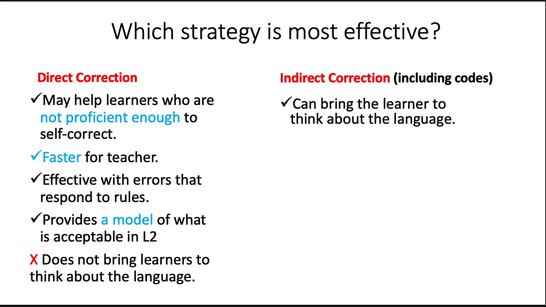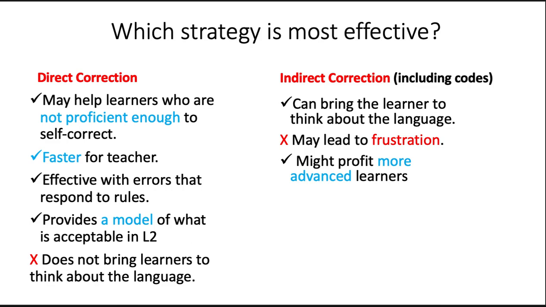Indirect correction does bring the learner to think about the language, or at least it can. If the error is simply circled, it makes them pause and say, what's the problem here? However, it may lead to frustration. If they're pausing and wondering what the problem is, if they don't have enough information, they can be frustrated. Well, what does the teacher want me to do?